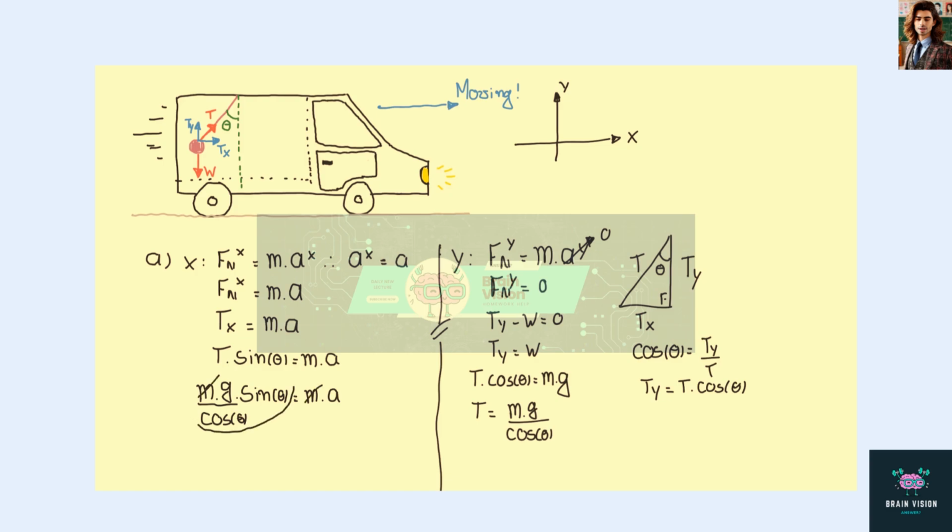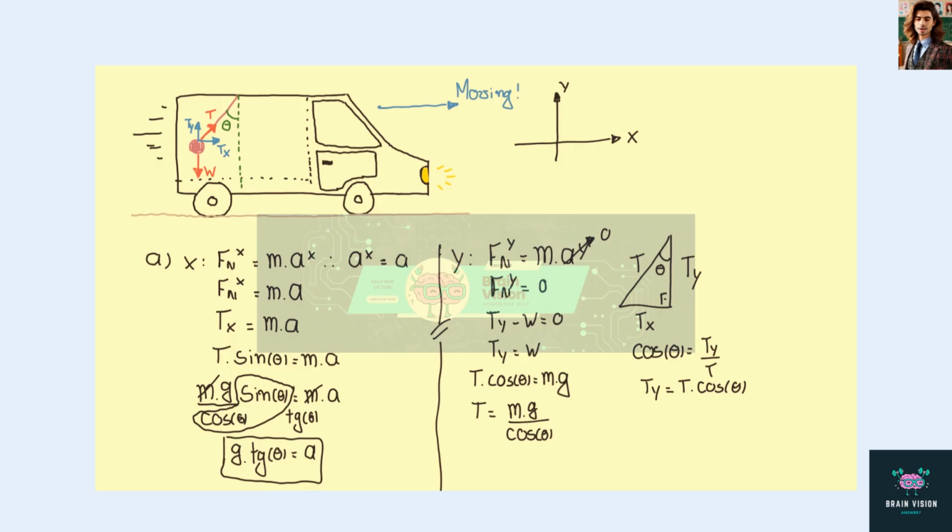And also notice that we have a sine divided by a cosine, and this is a tangent. Then we end up with the acceleration of gravity times the tangent of theta being equal to the acceleration of the van. And this is the final relation the first item is asking us for.